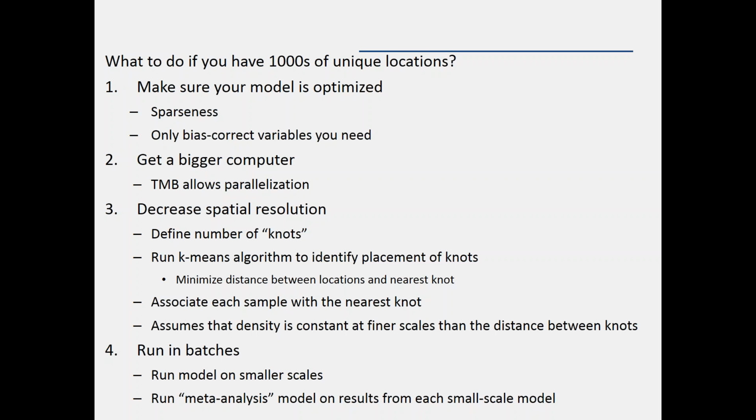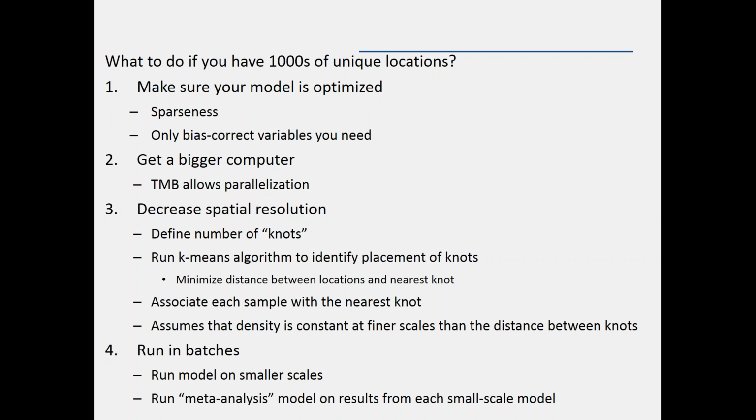And sparseness depends not just on the distribution of your random effects, but also on where you have data or don't have data. So a model that runs efficiently with a certain spatial pattern of data might run differently for a very different pattern. So checking sparseness is the number one way of scaling up a model.